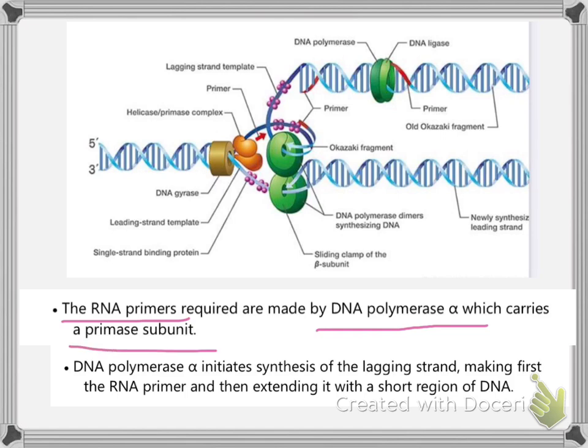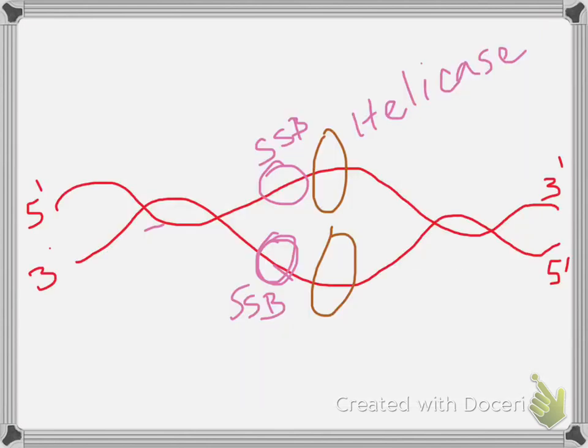So the RNA primer, a short fragment of RNA, which is used as the primer, is made by the DNA polymerase alpha. So the DNA polymerase alpha forms a primer, and that binds to the origin.